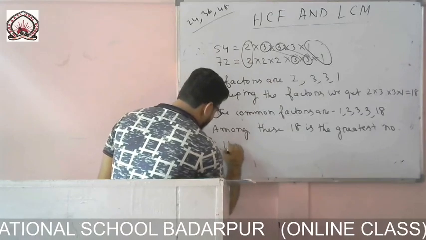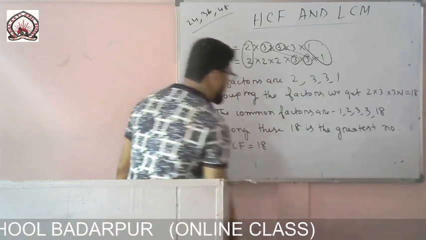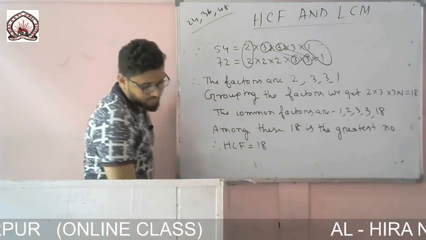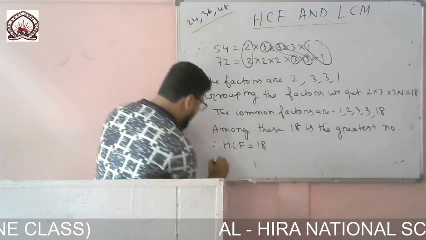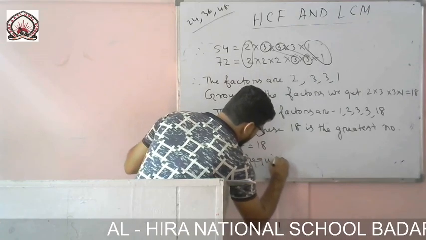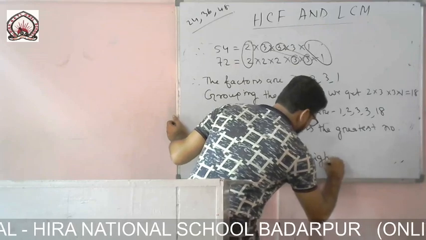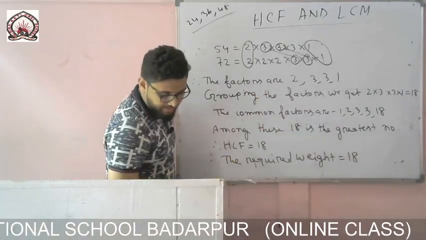Therefore HCF equals 18. Therefore the required weight equals 18, and the unit is kg.